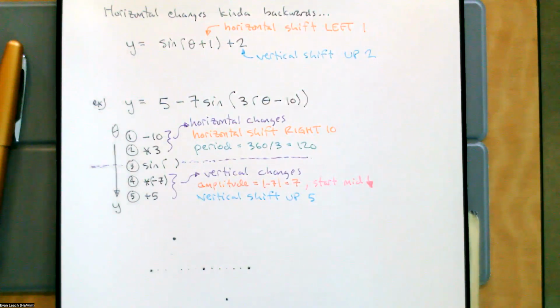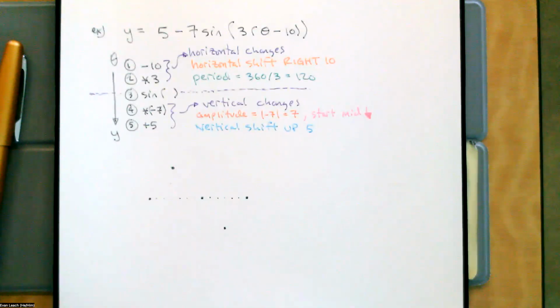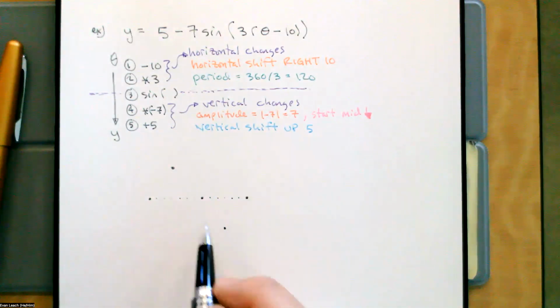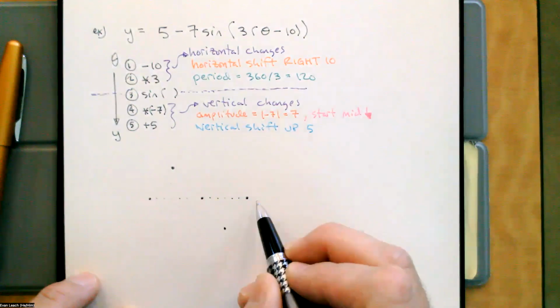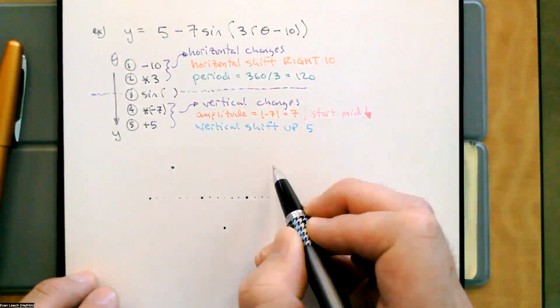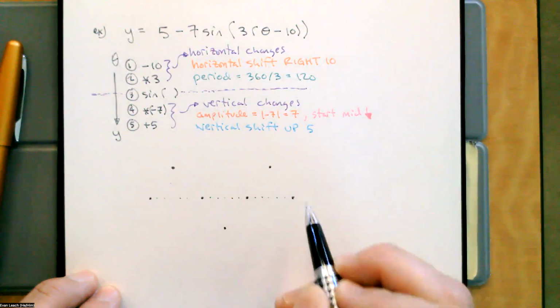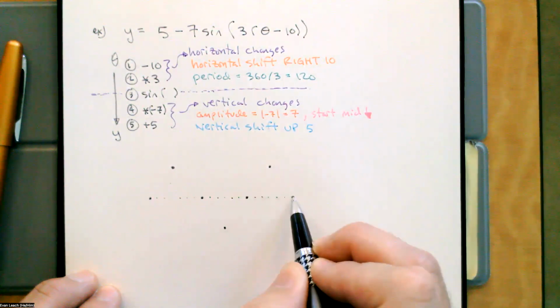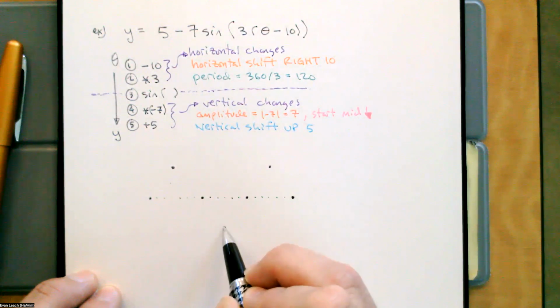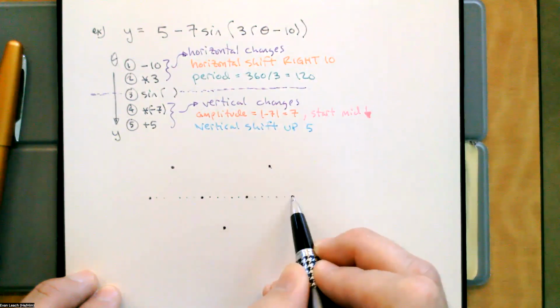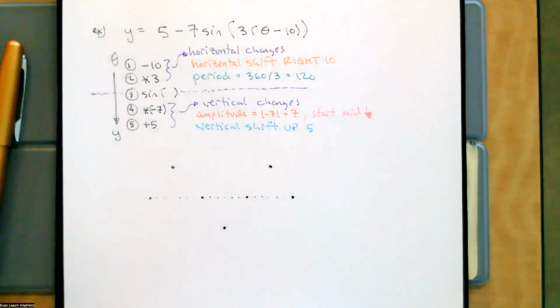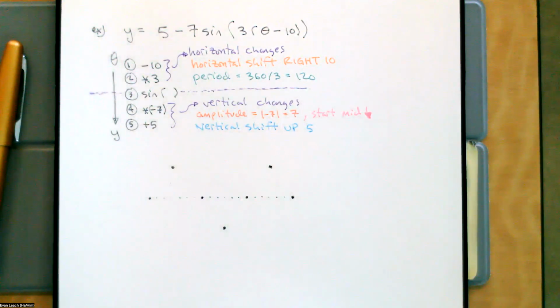Now, normally, sine would have this shape: middle, top, middle going down, bottom, middle going up. But I'm going to be starting at the middle going down. So I'm going to put a couple more. 1, 2, 3, back to the top. 1, 2, 3, back to the middle. Now, this is where I'm going to have one cycle. So I want to make sure I get my start at the middle going down.